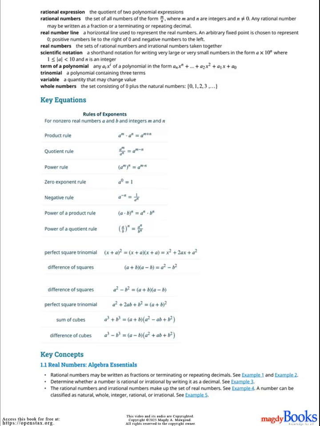Term of a polynomial. Any a sub i x to the power of i of a polynomial in the form a sub n x to the power of n plus ... plus a sub 2 x to the power of 2 plus a sub 1 x to the power of 1 plus a sub 0.